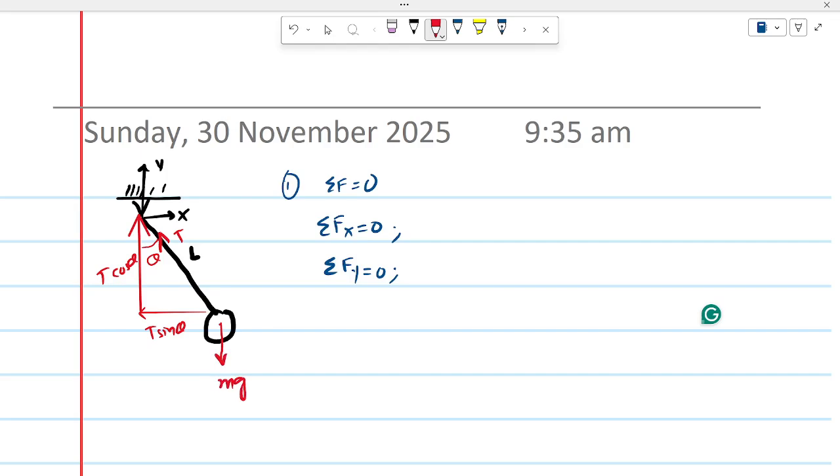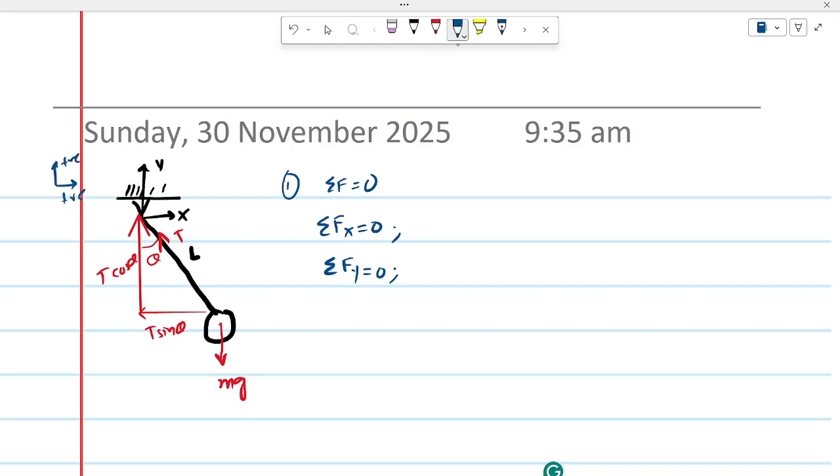Now we can write the equation of motion for the x-axis. Let's assume that all motion towards the right side is positive and everything towards the top is positive.